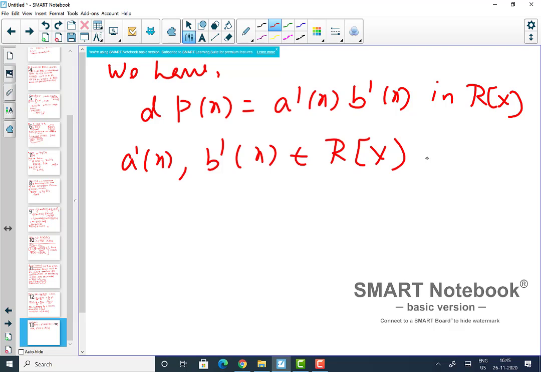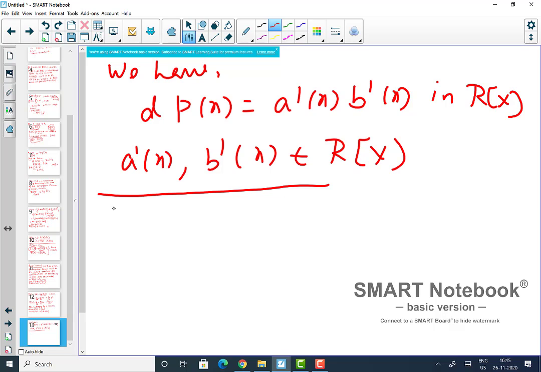Now this is not quite a proof, because you have a d on the left-hand side that we don't require. So now we will use a method. We are in a UFD, right?